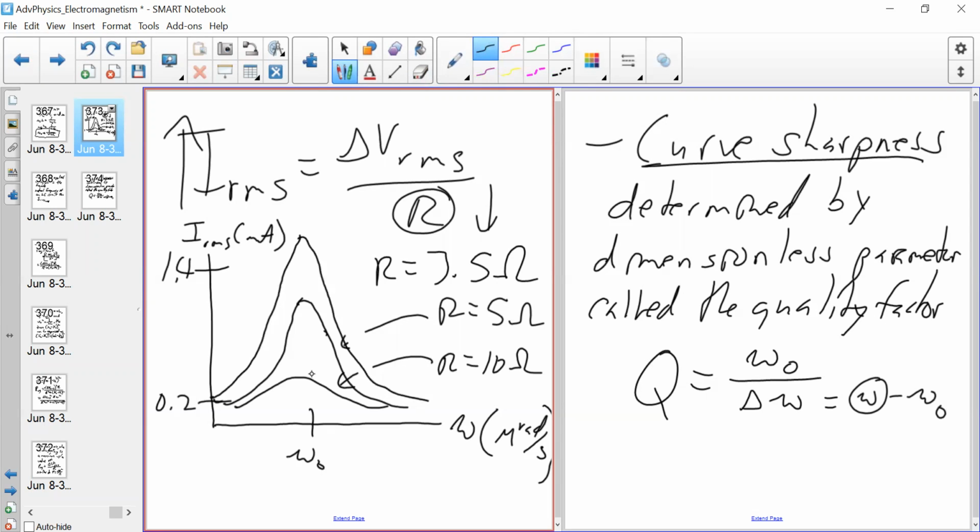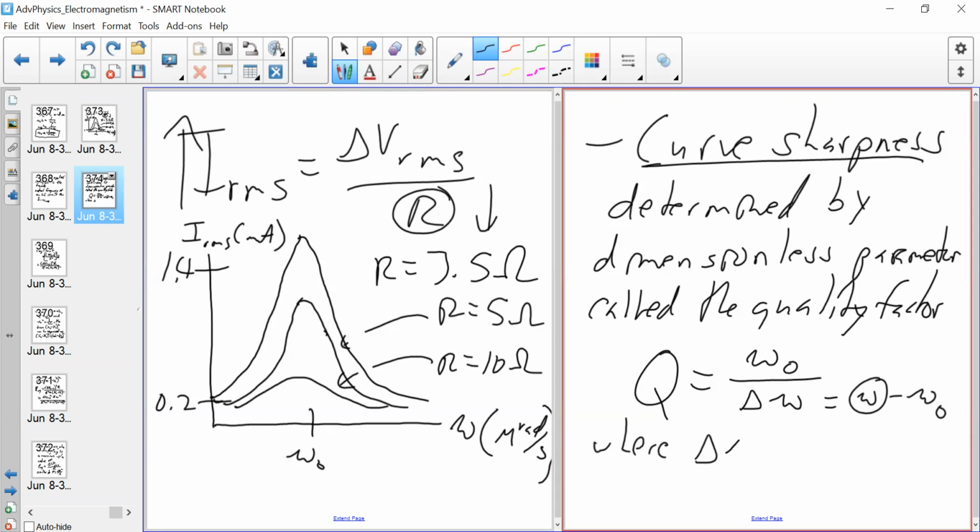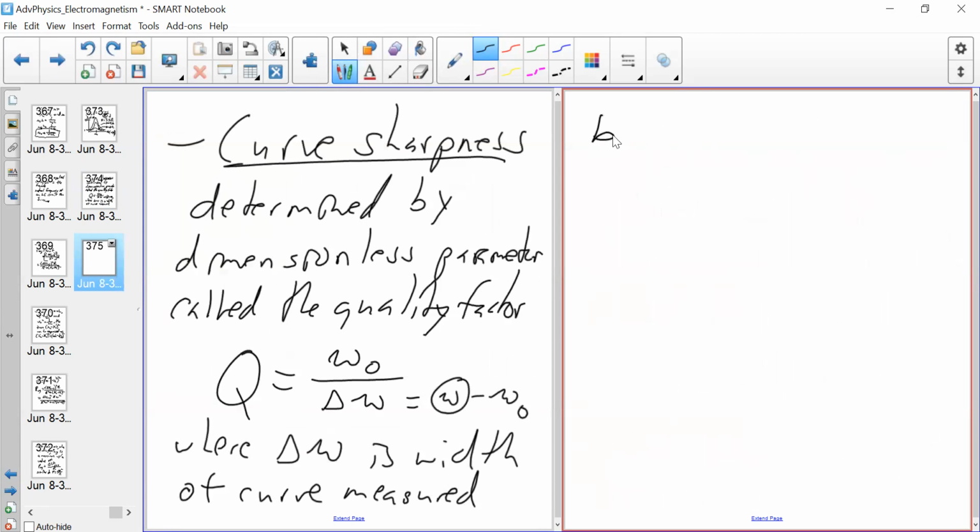And let's see, quality factor, where delta omega is the width of the curve, measured between two values of omega.